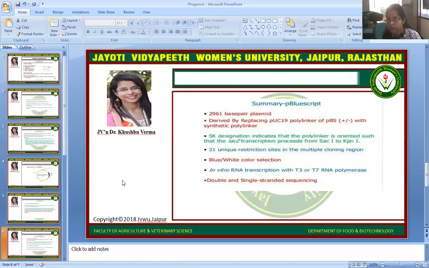If we talk about the summary of pBluescript, it has approximately 2961 base pairs, derived by replacing the pUC19 polylinker of pBS with a synthetic polylinker. The SK designation indicates that the polylinker is oriented such that lacZ transcription proceeds from SacI to KpnI. There are 21 unique restriction sites in the multiple cloning region.